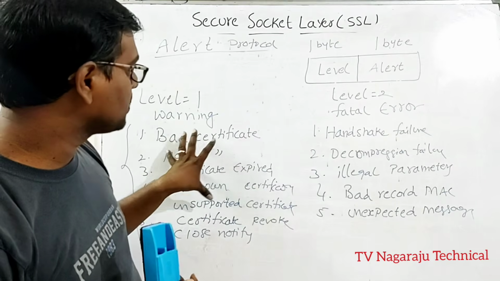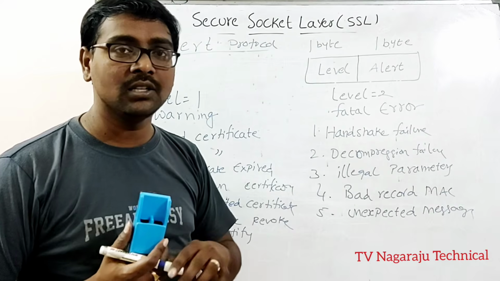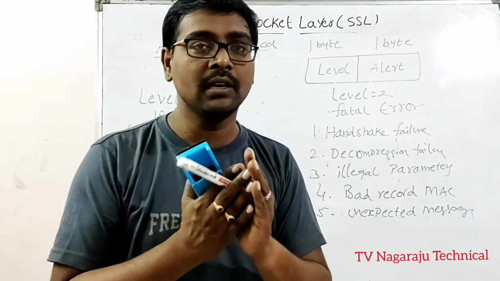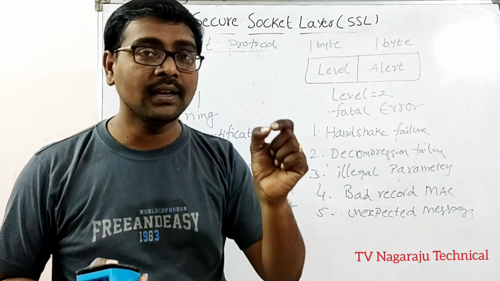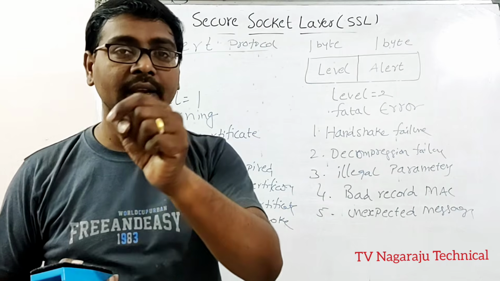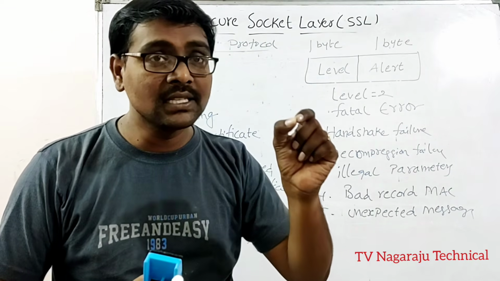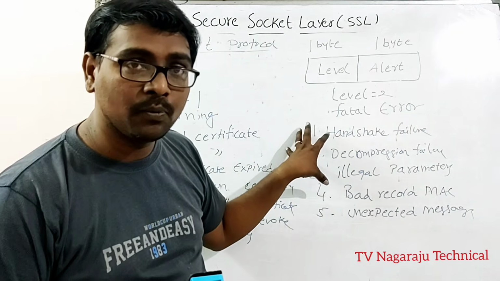These are the different types of warning messages and fatal errors. Finally, this is called Secure Socket Layer. SSL is used to provide security to the data transferred between the client and server. It consists of 4 protocols. The SSL record protocol is used to generate some output.